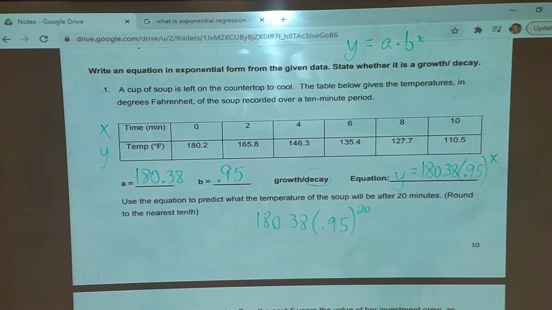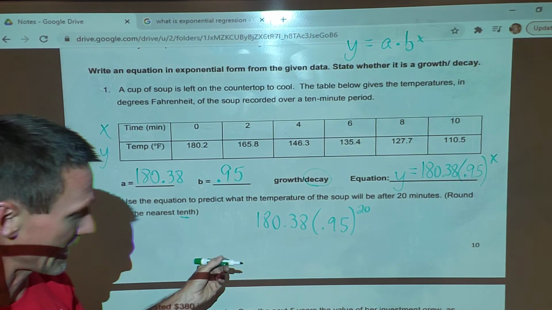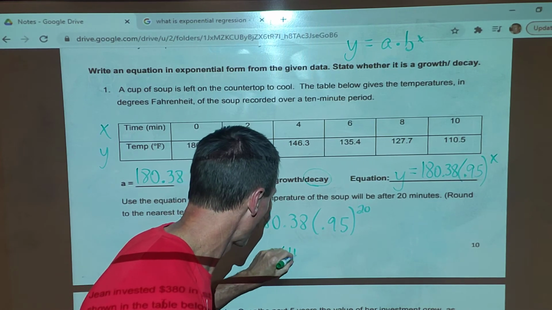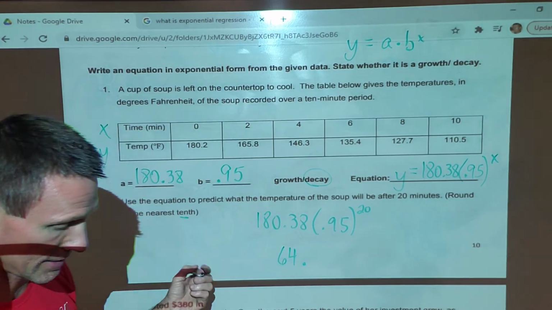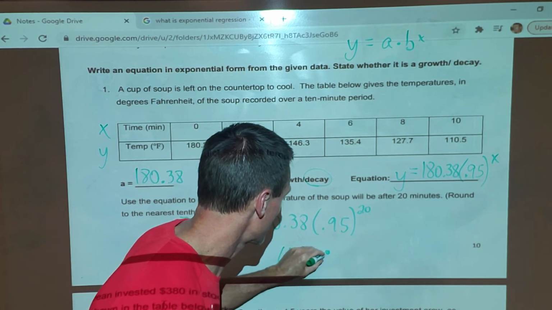So 180.38 times 0.95 raised to the 20th power, 64.663 degrees. And this says round to the nearest tenth, which would be one decimal place. So we will go with 64.66, which would round up to 64.7 degrees.